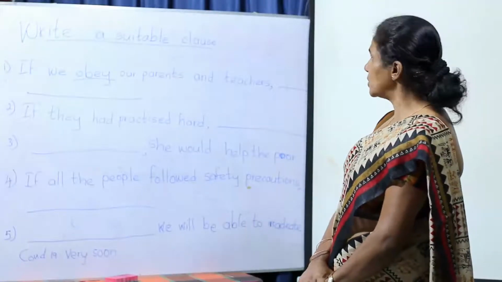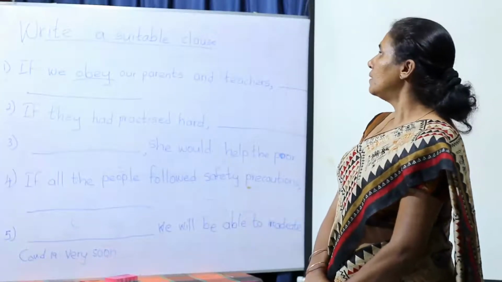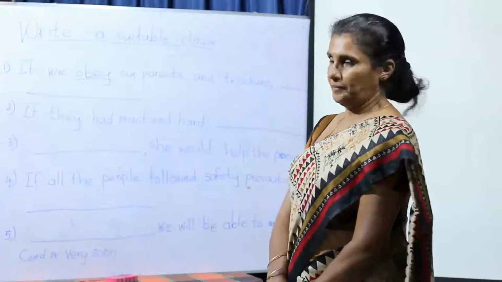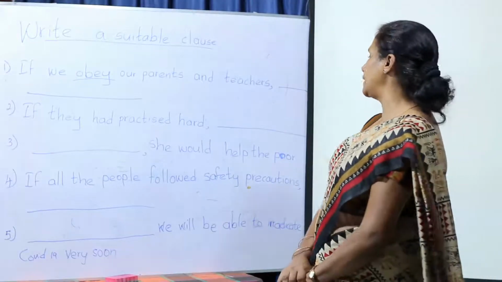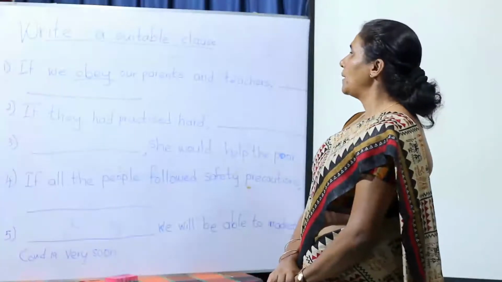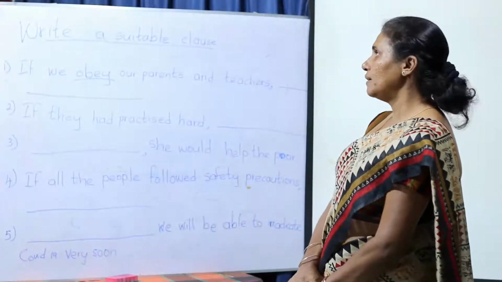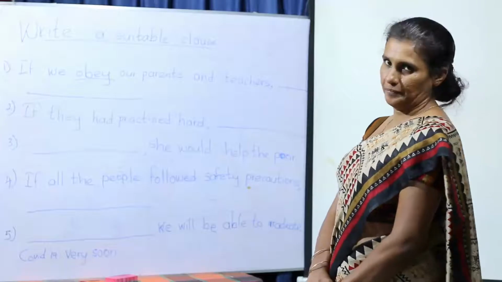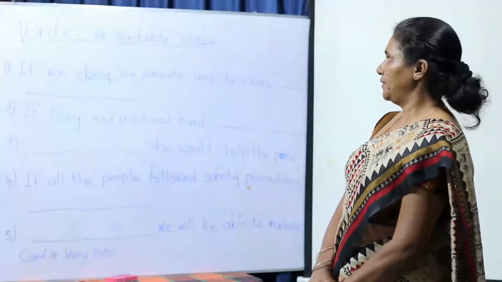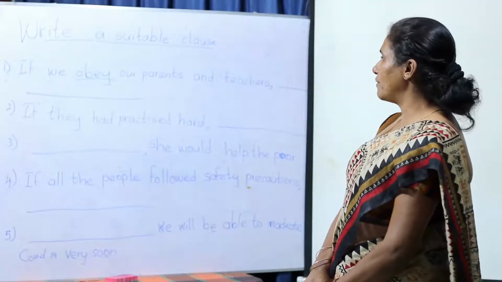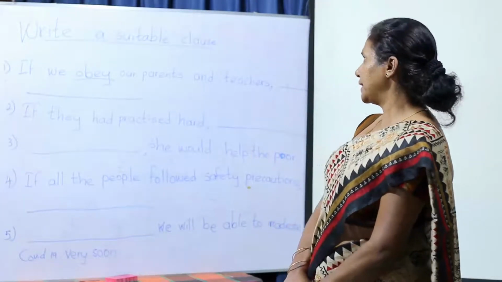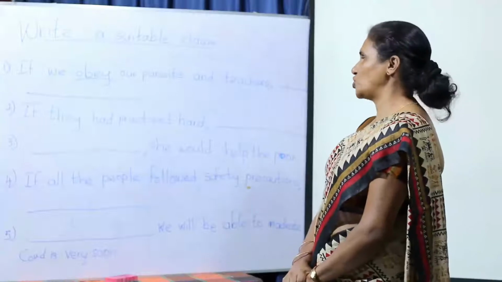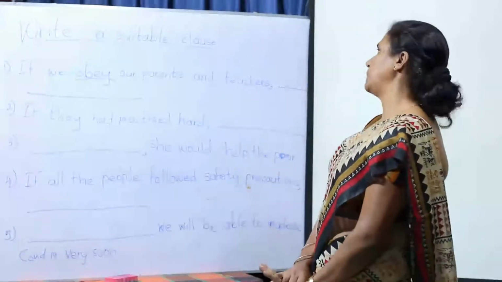We will be good citizens in Sri Lanka. Right? If we obey our parents and teachers, our future will be clear. Right? Or our future will be very fortunate. Like that, using simple future, you can build up a sentence.